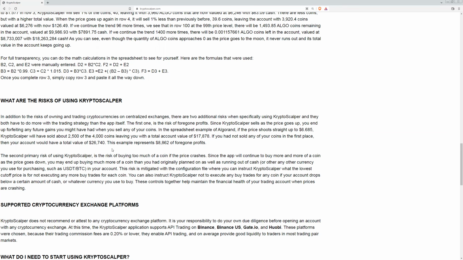So you can set a floor. And there's also another risk feature where you can tell it if the total cash in my account goes below a certain level, don't execute any buy orders, just execute sell orders. So these features help mitigate that second risk.